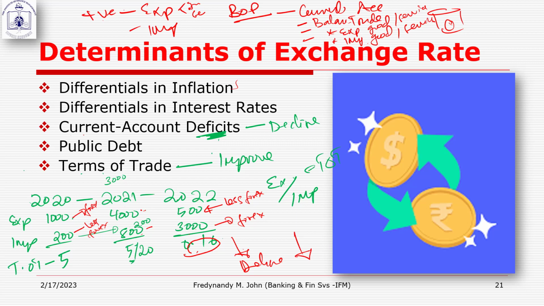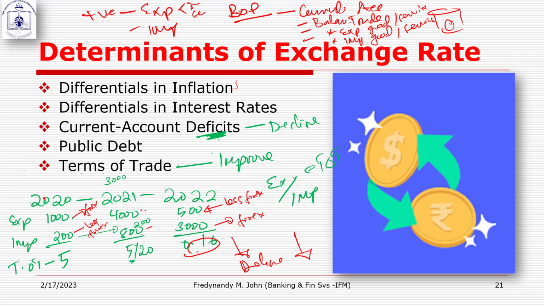The demand for your currency becomes higher. So your currency will appreciate in its value. But if you import, it means you need foreign currency in order to purchase the imports. That means the value of your currency will decline because you are the one who needs the currency of others in order to purchase goods and services from them.